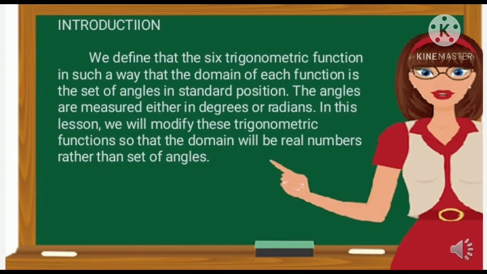We define the six trigonometric functions in such a way that the domain of each function is a set of angles in standard position. The angles are measured either in degrees or radians. In this lesson, we will modify this trigonometric function so that the domain will be real numbers rather than the set of angles.